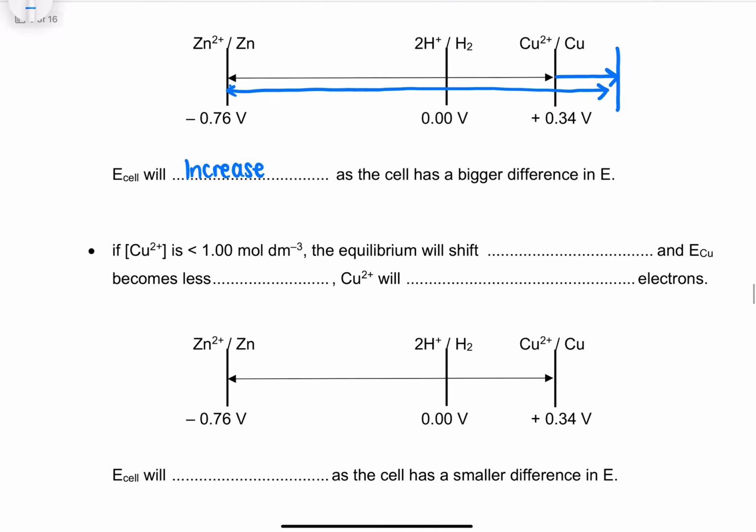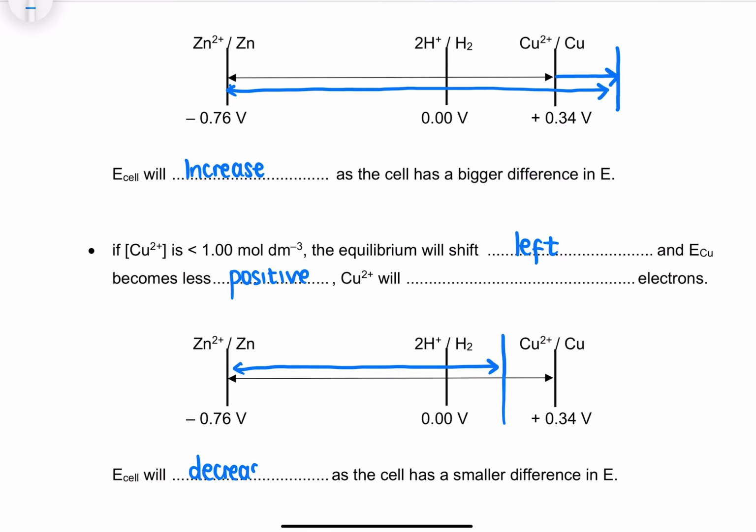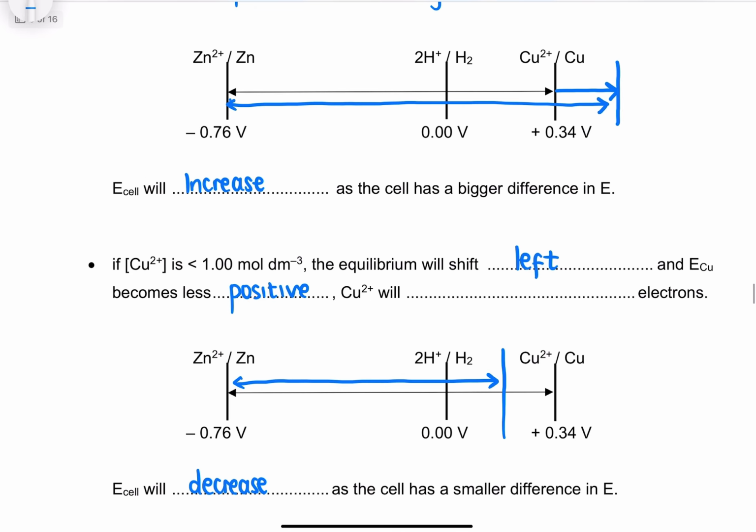Whereas if we were to decrease the concentration of copper, the equilibrium will shift to the left. It will become less positive. So it will shift to the left of the line it was at before, and our value will decrease. We need to be careful and not say that it starts going backwards. It's still going forwards.